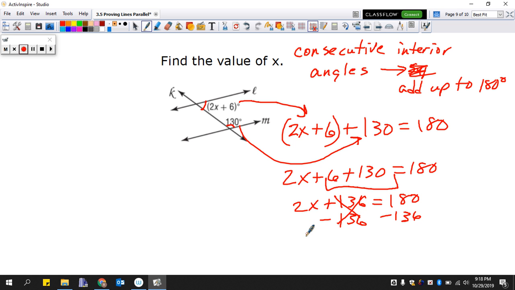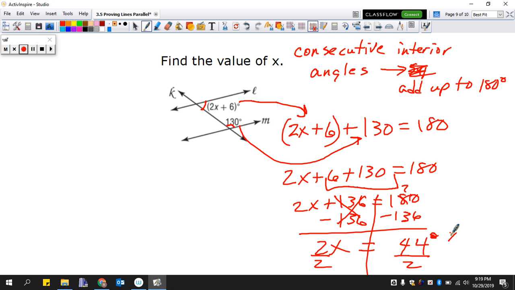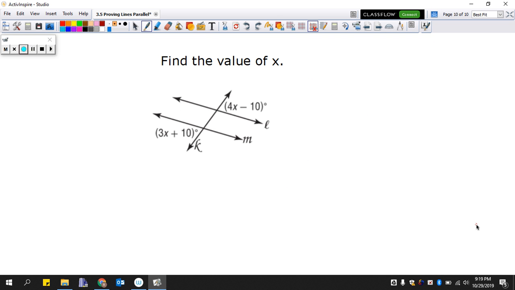We're left with, I should have drawn the line down, 2x is equal to 44. Divide by 2, divide by 2. x is equal to 22. There we go, because we were supposed to find the value of x. All right, here is the last practice problem.